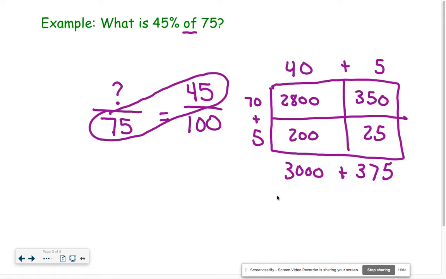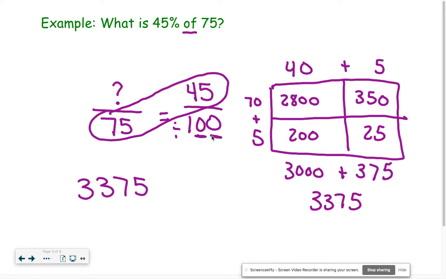So I get an answer so far of 3,375. Now I don't put the comma in because we have to divide, and we're dividing by our remaining amount. If it helps, put a division sign in with what's left over. So we have 3,375, and we're going to divide it by 100.